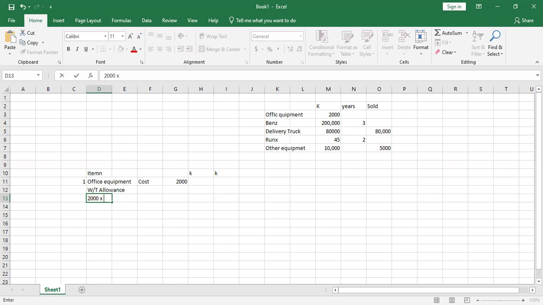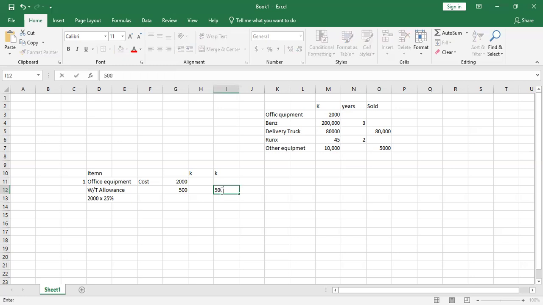For equipment, it's 25%. So 2,000 times 25%, 0.25. That's 500 kwacha, that's the capital allowance.